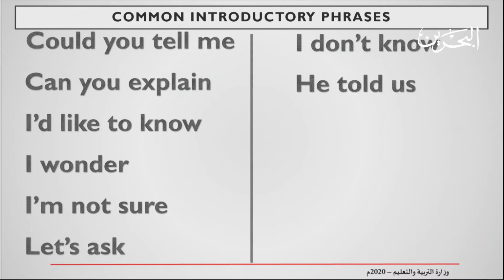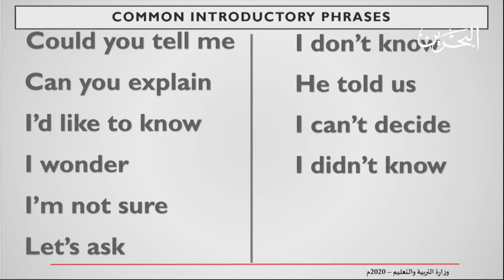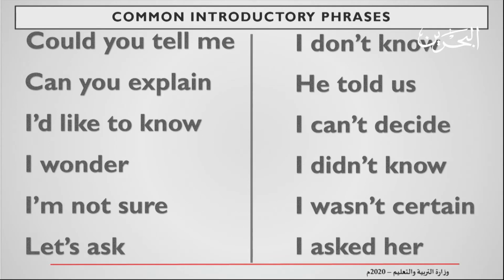I don't know. He told us. I can't decide. I didn't know. I wasn't certain. I asked her. Of course, the subjects in this you can change. For example, instead of I'd like to know, you can say he'd like to know. Or instead of I asked her, you say they asked us.